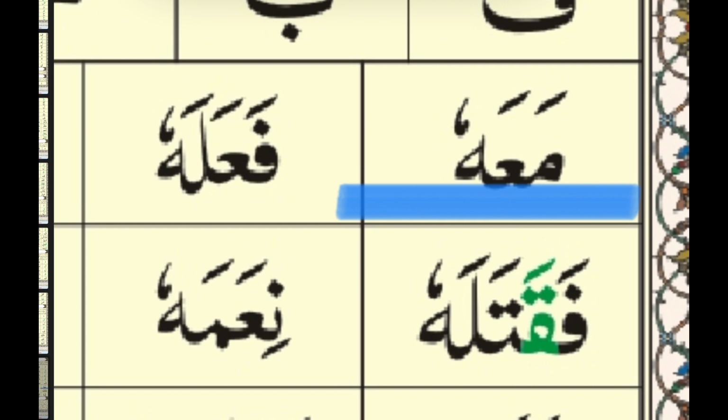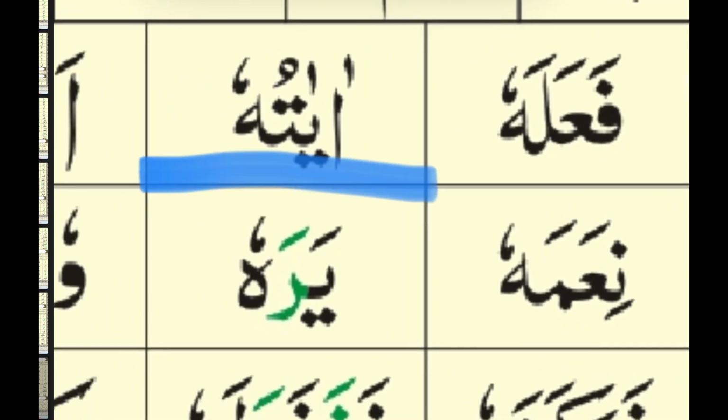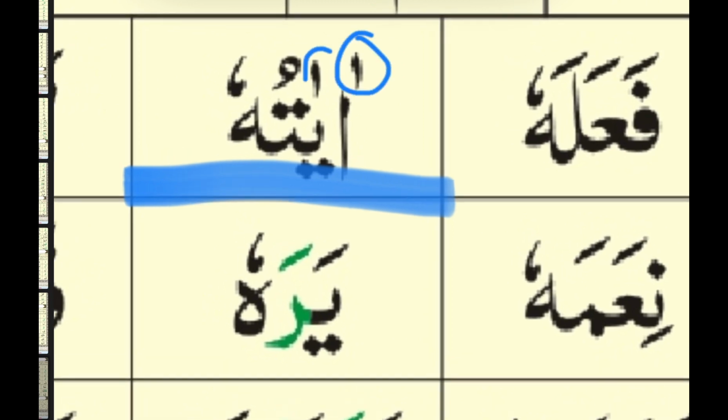Ma'ahu, ma'ahu. Fa'alahu, fa'alahu. Ayatuhu. Remember, these ones are still mad, but this one is not.